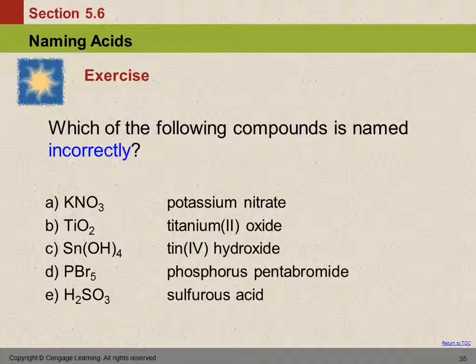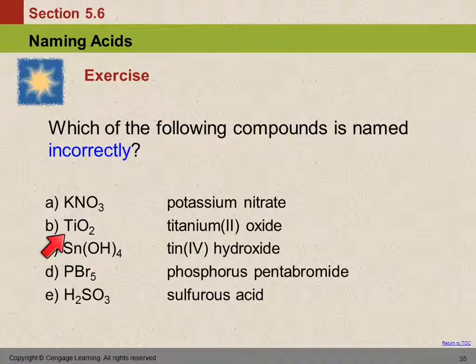Anybody see one that just kind of jumps out at them? Well, let's look at them here. KNO3. K is potassium. That's an ionic compound. And NO3 is nitrate. Potassium doesn't need a Roman numeral, so potassium nitrate, that's good.